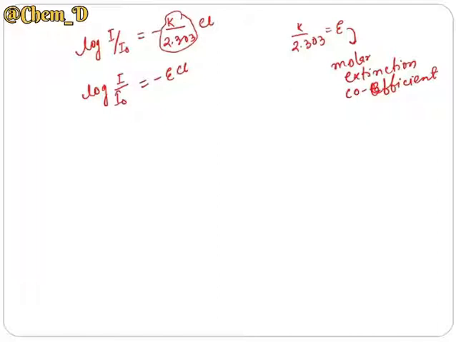Now this minus will transfer from the right side to the left side. So minus log I by I0 is equal to ECL.